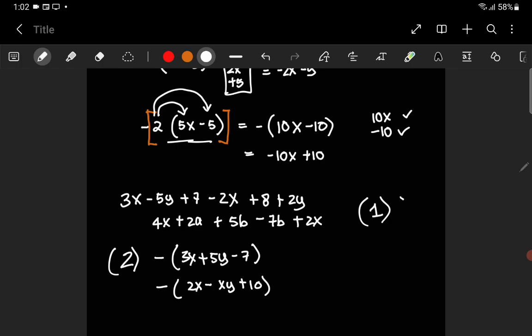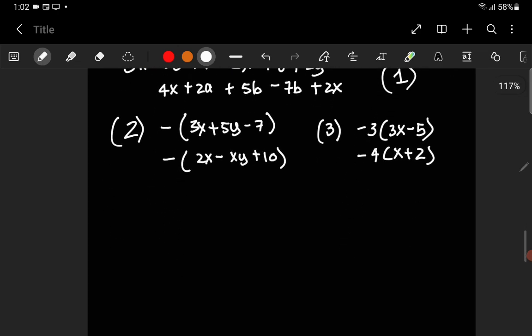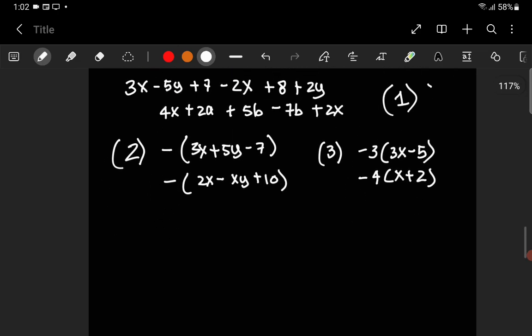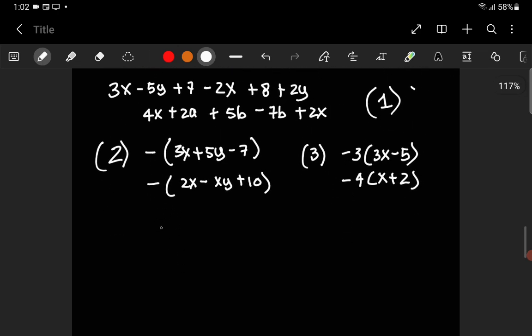Okay? The third section, I can give, let's say, negative 3x minus 5, and then negative 4x plus 2. Okay? And then the combination, it will be section number 5.